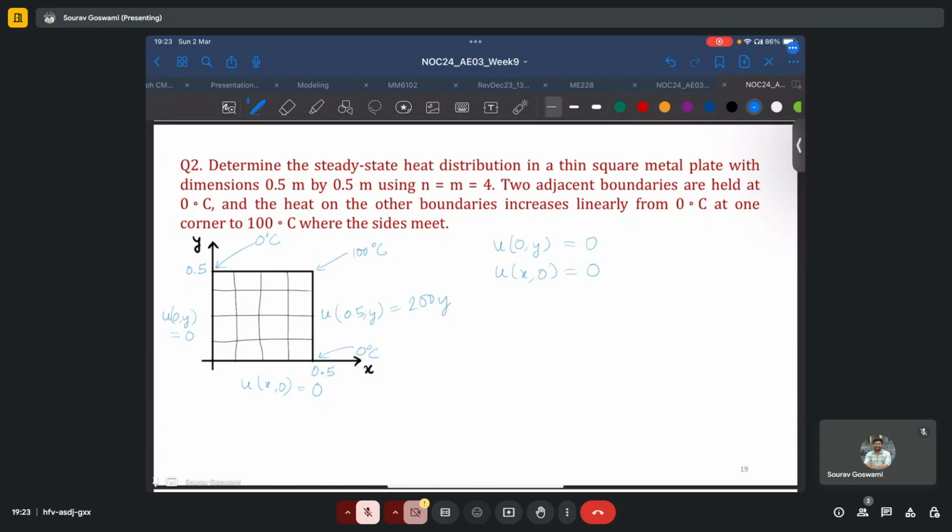At the top y is 0.5, so u is 100. And for the top face again, u at (x, 0.5) should be equal to 200x, again because of similar reasons.